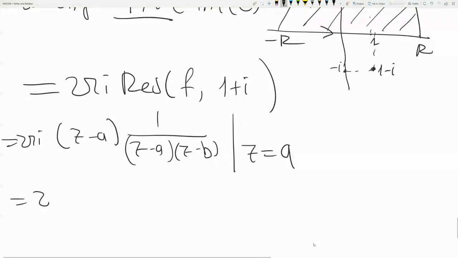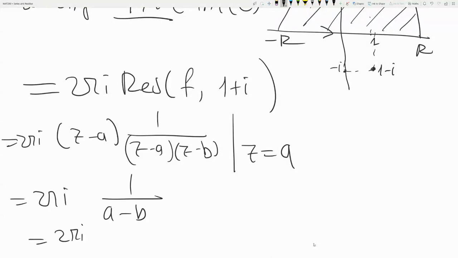And so you get a minus b, which is just 1 plus i minus 1 minus i. So you get pi.